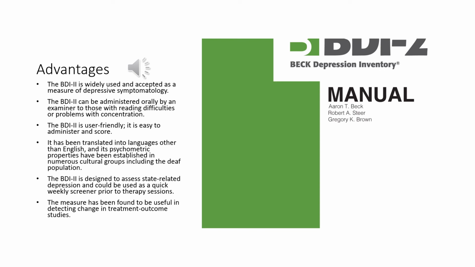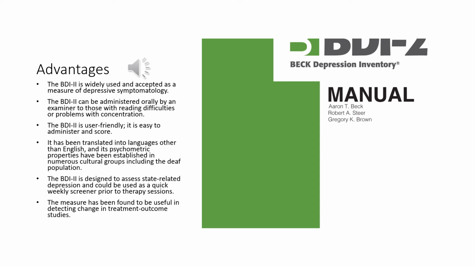Some of the advantages of the BDI, in my summary and conclusion: the BDI-2 is widely used and accepted as a measure of depressive symptomatology. BDI-2 can be administered orally by an examiner to those with reading difficulties or problems with concentration. It's pretty user-friendly.